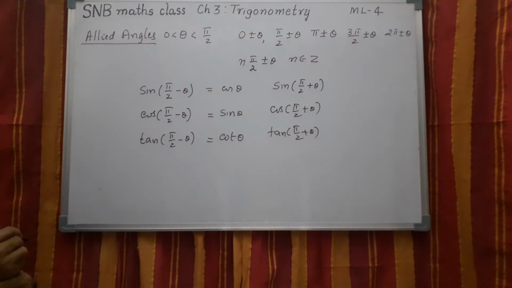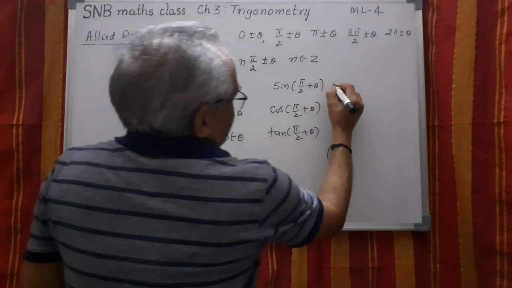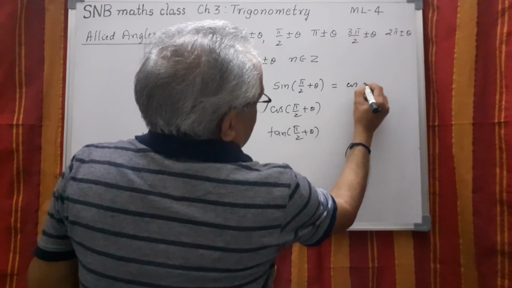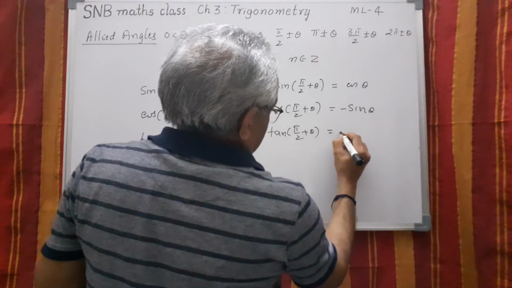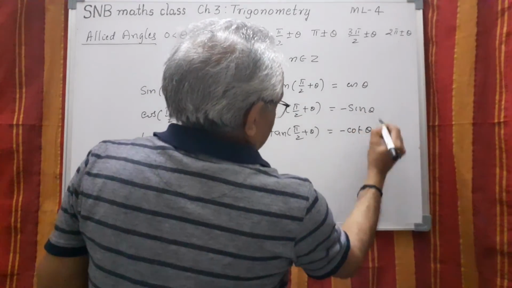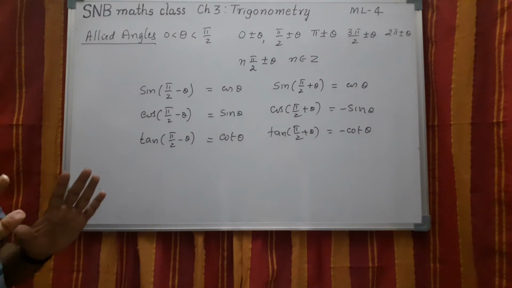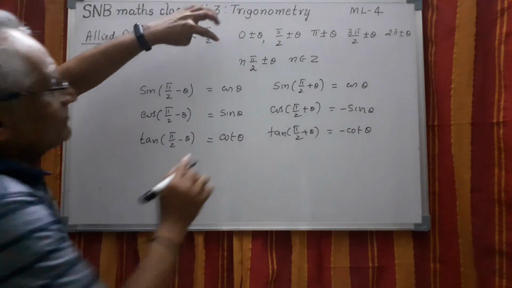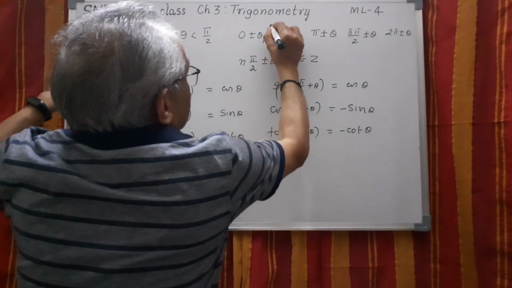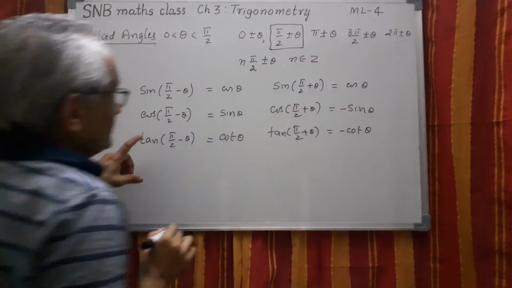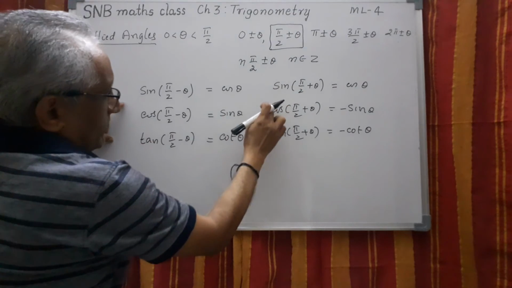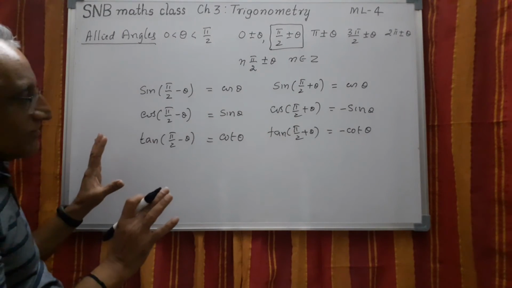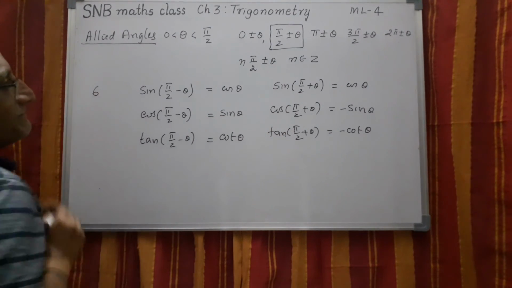Now here the rule is: this is cos theta, this is minus sin theta, this is minus cot theta. Like this. Just imagine, if I take only this, there are 6 different rules: 1, 2, 3, 4, 5, 6.